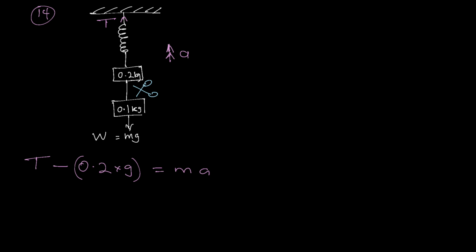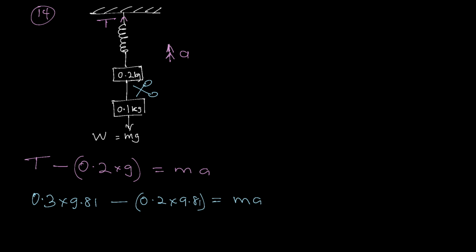This is Newton's second law of motion. The tension itself is due to the total mass of the system in this case. So that is 0.3 times 9.81 minus 0.2 times 9.81 equals ma. This is the tension, because tension equals the total mass times the gravitational field strength.